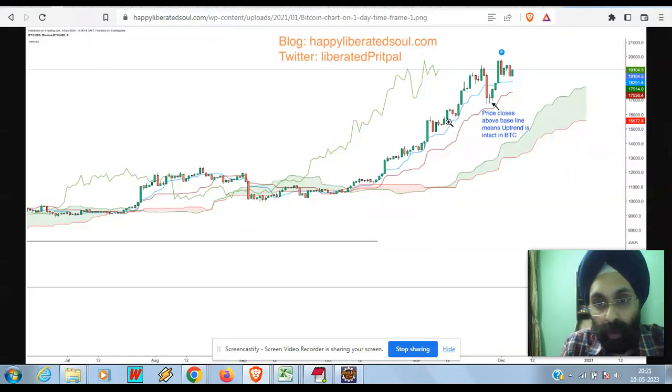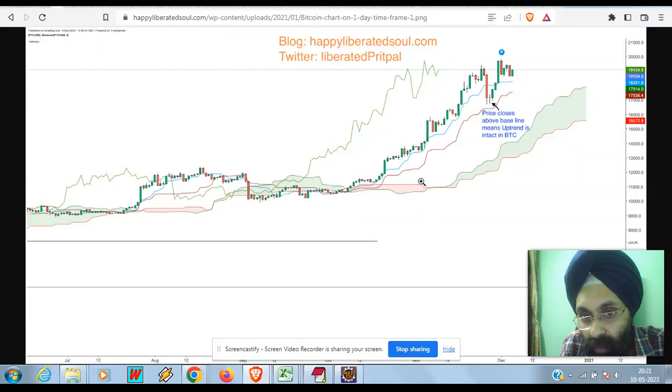Here for a very long time the price stayed above the Tenkan Sen, and after such a long trend, the price was somewhere around 12,000, even below 12,000 I should say.